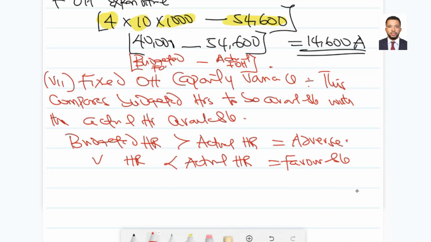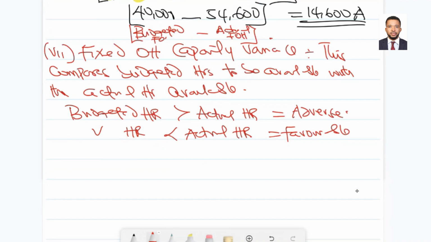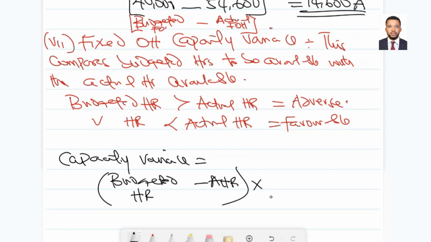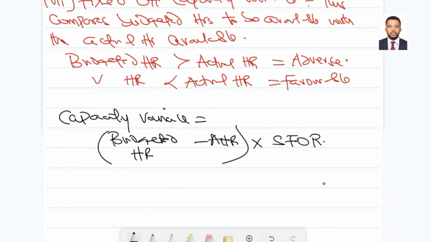Okay, so our capacity variance equals budgeted hour minus actual hour multiplied by the standard fixed overhead rate. So what's the budgeted hour?